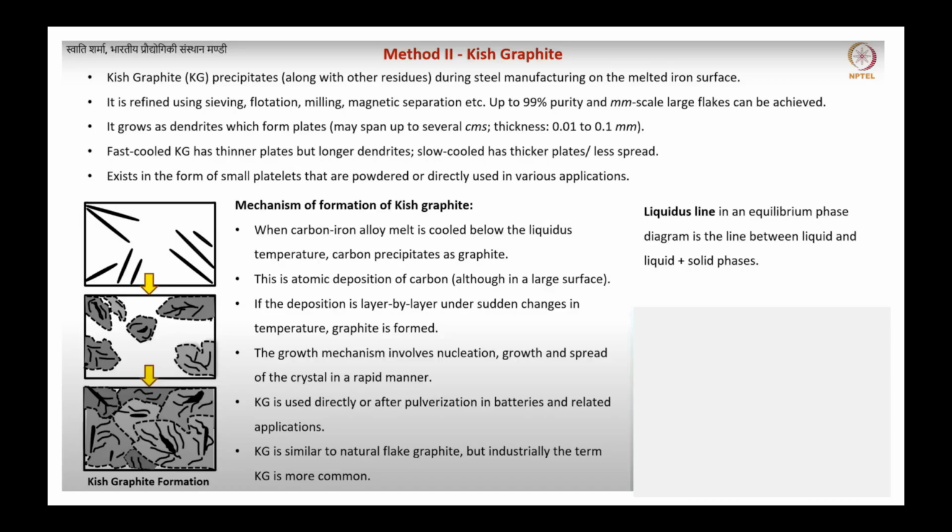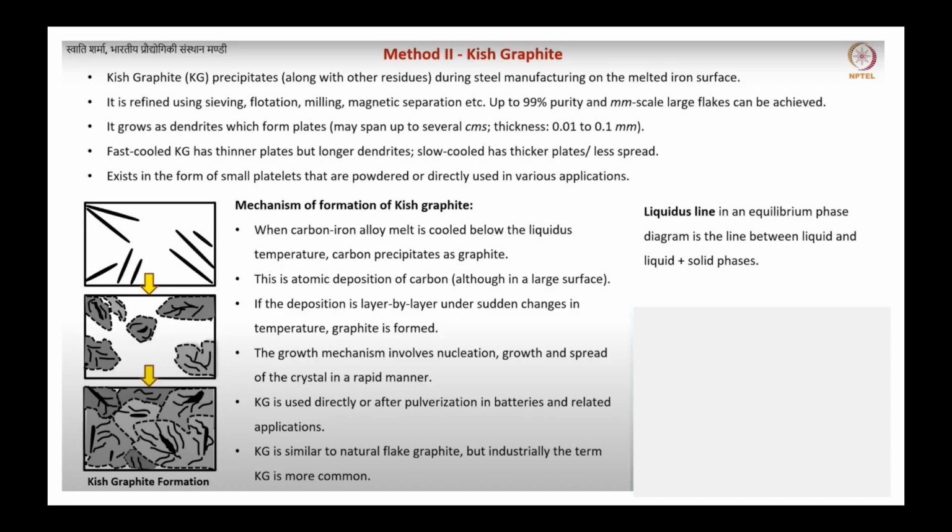So the mechanism of formation of this graphite is that when a carbon-iron alloy melt is cooled below the liquidus temperature, the important part is below the liquidus temperature, carbon precipitates as graphite. Now this is atomic deposition of carbon. So if the deposition is layer by layer, under sudden changes in temperature, graphite is formed.